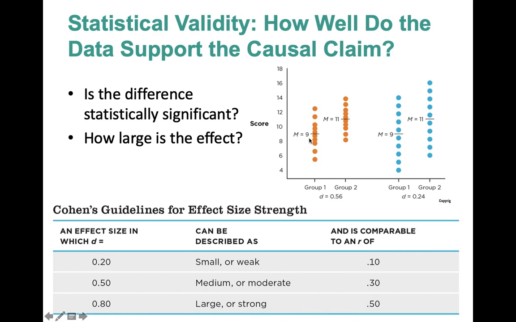The same number of participants, 9 and 11, but with a d of 0.24, what's being shown here is actually a mean difference that is the same, but more variability in this group. So one thing that can cause a small d is variability within condition.